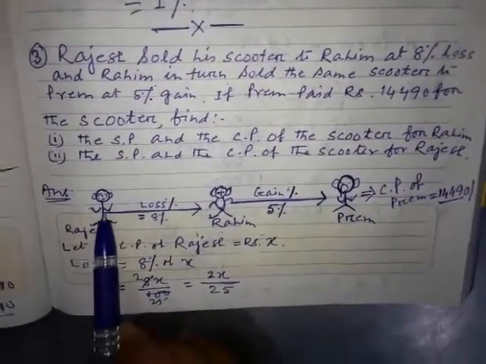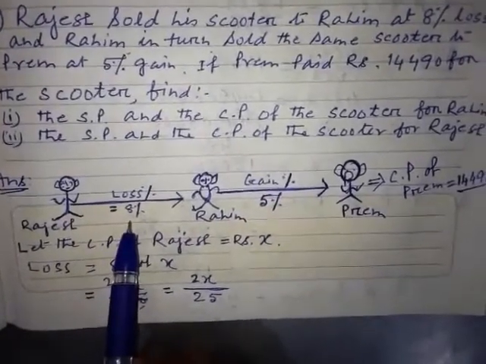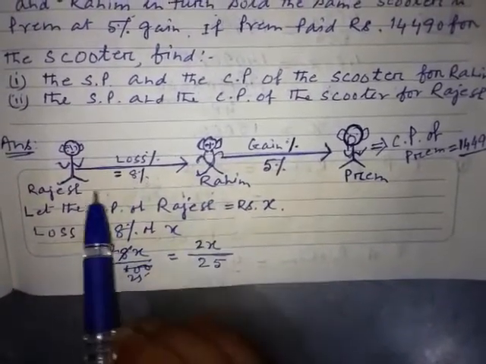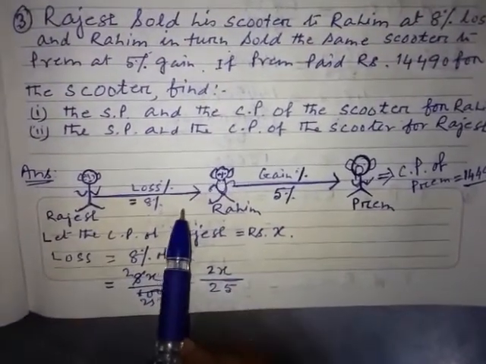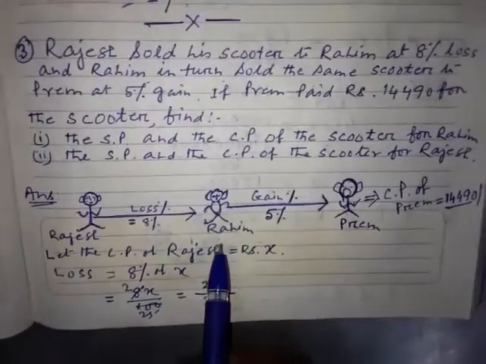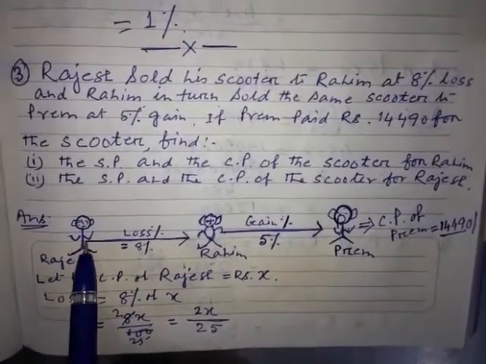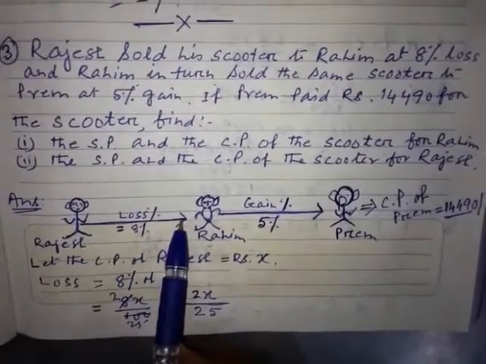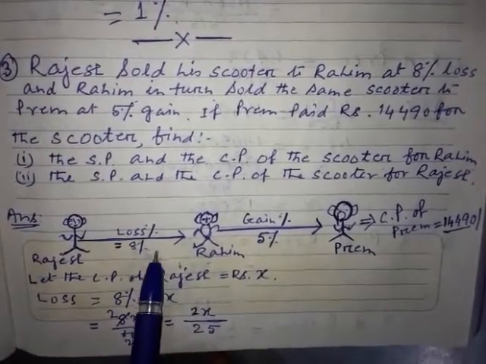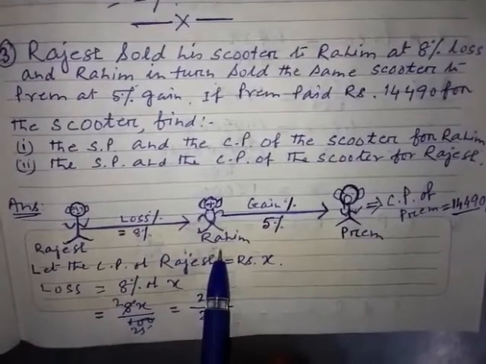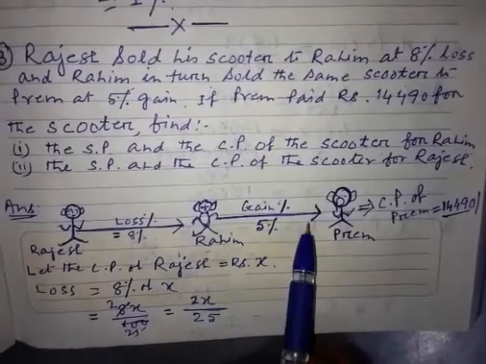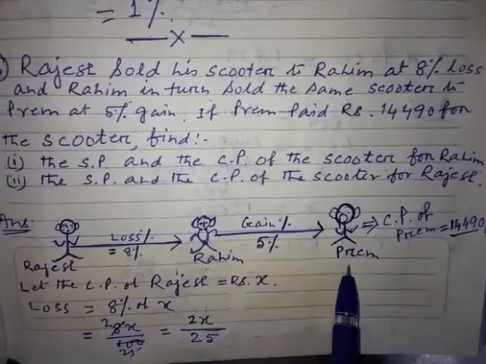One more thing to remember: what is the selling price of Rajesh? That will be the cost price of Rohim. Understand? Whatever price Rajesh sells at, that will be the cost price of Rohim. Rajesh gave it to Rohim, meaning he sold it. Whatever price Rajesh sold at, that is the cost price of Rohim. Then Rohim gave it to whom? To Prem. So whatever price Rohim sells at, that will be the cost price of Prem.